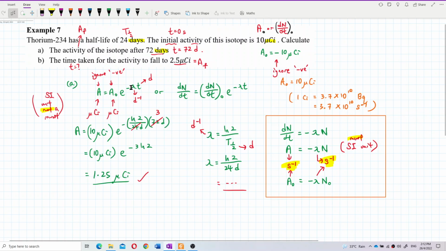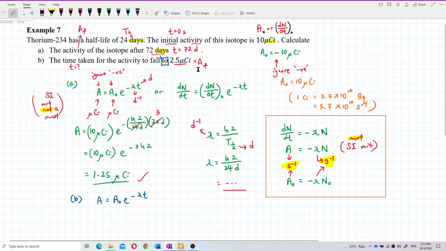So it's the same equations. You're going to use back the same equations. Now question B. Use back the same equation: A equals A naught exponent negative lambda t. So I got the final activity. It falls to, not falls by, this value.